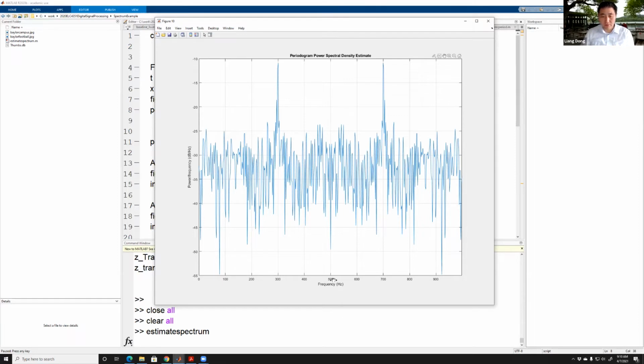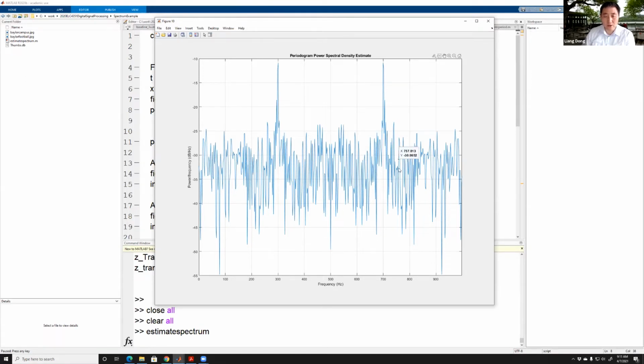If you move that to the other side of 0, that's negative frequency. And then we see the frequency here is 300 Hertz. We got a peak. That's our cosine function. And all the rest is submerged in noise. These are the Gaussian noise.